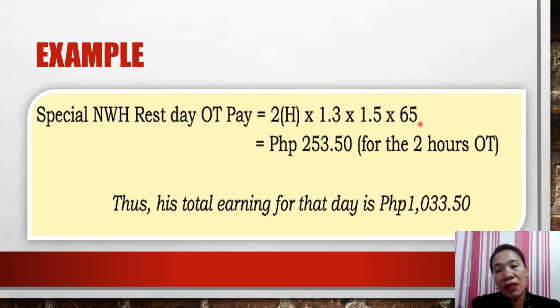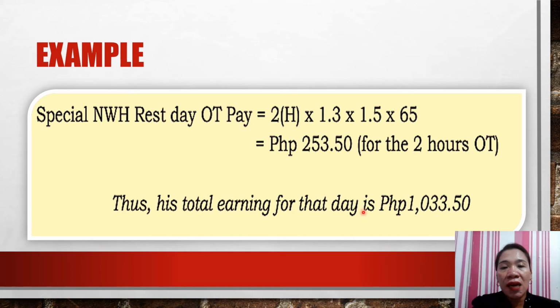So it is 2 times 1.3 times 1.5 times 65. We no longer divide by 8, because the 520 was already divided by 8, which is why it is just 65. So he receives 253 pesos and 50 centavos for the 2 hours of overtime.